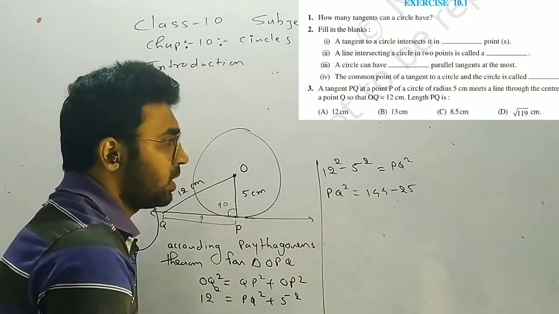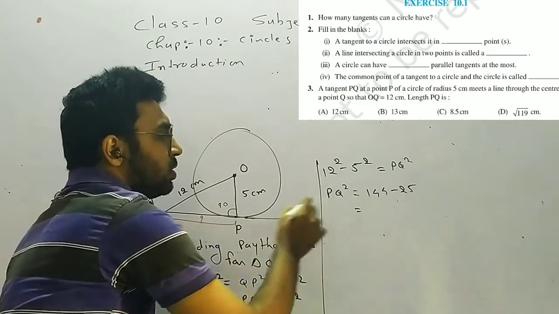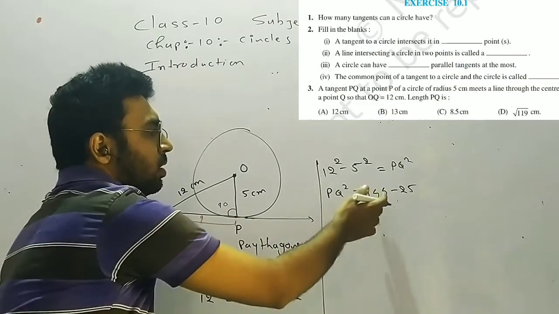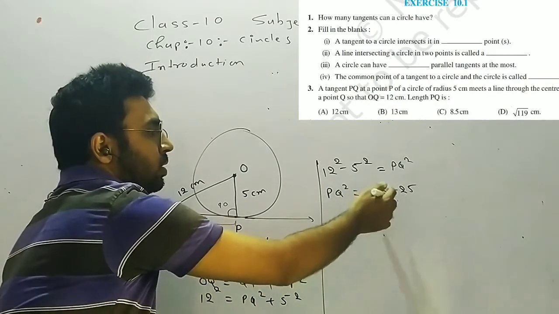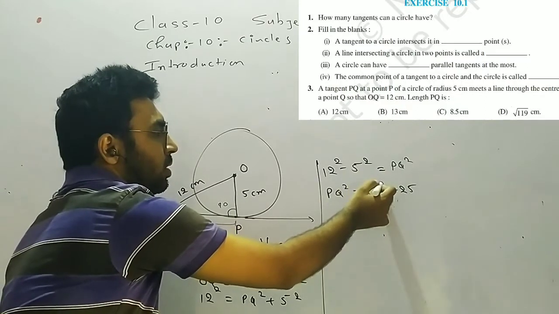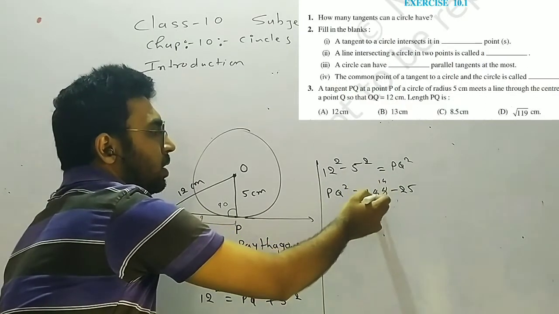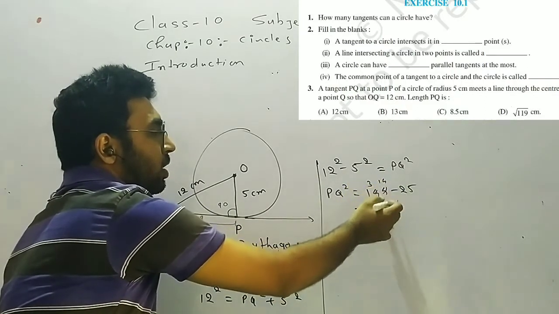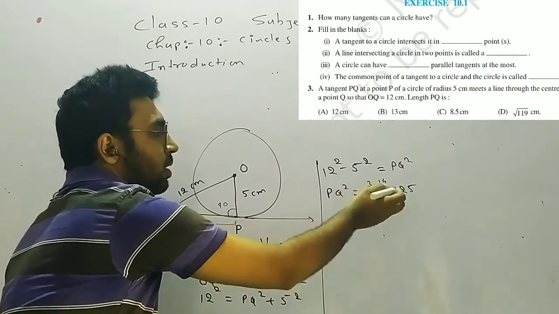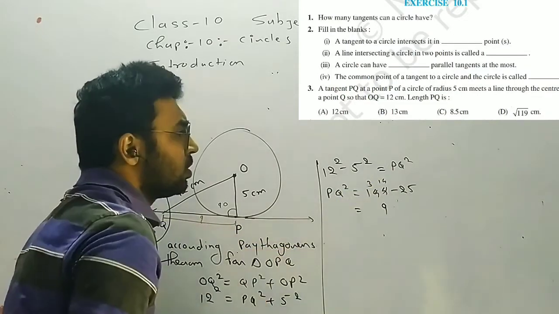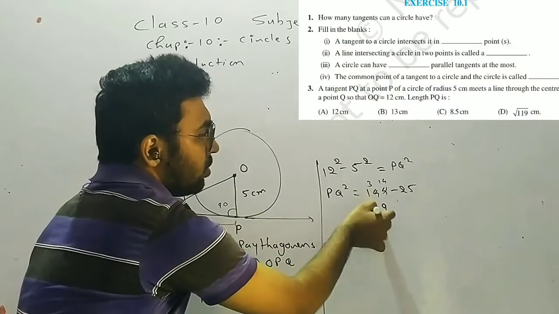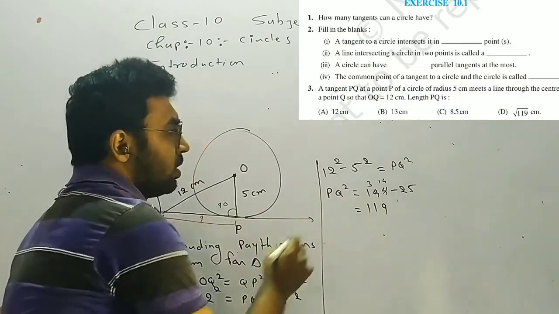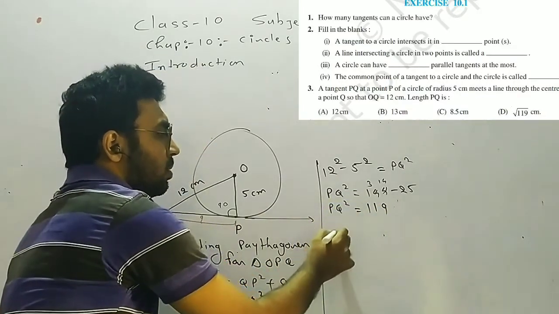Now you can subtract this value. So how much do you get? 144 minus 25 is 119. That is PQ square.